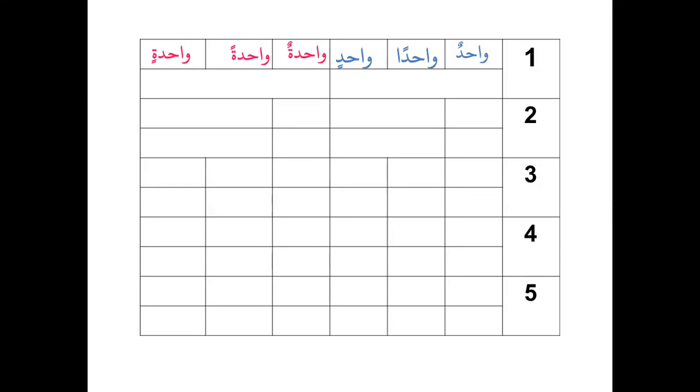Now, in the second line, you have to write the light version of Wahidun. So what would be the light version of Wahidun? Actually, it's Ahada. Only one and two have this sort of construction, otherwise others will be fairly easy. I'll just put it up for you.